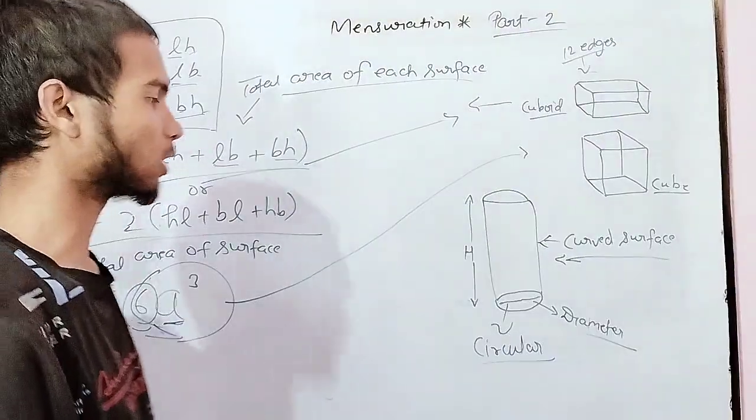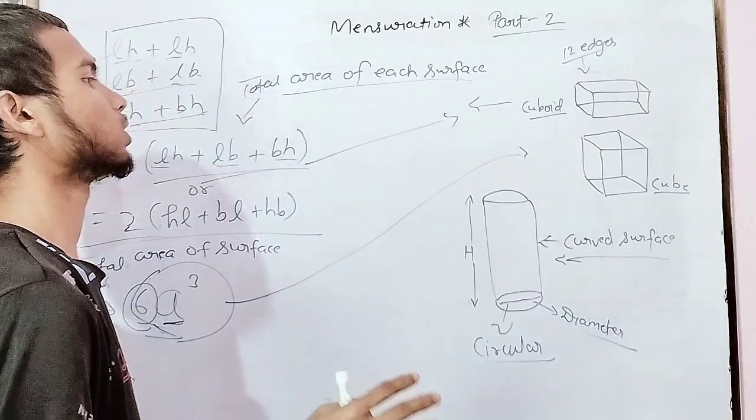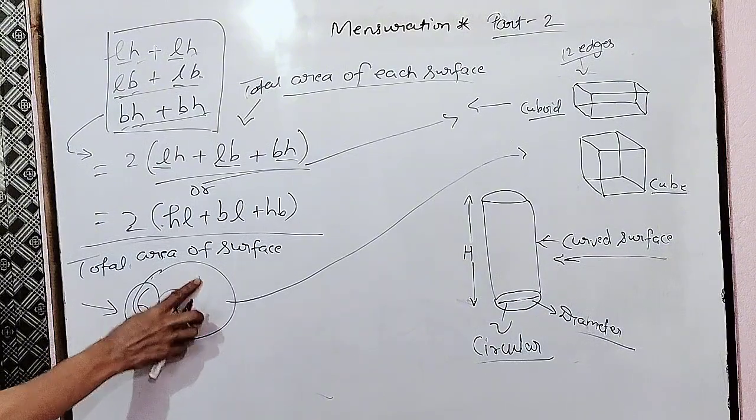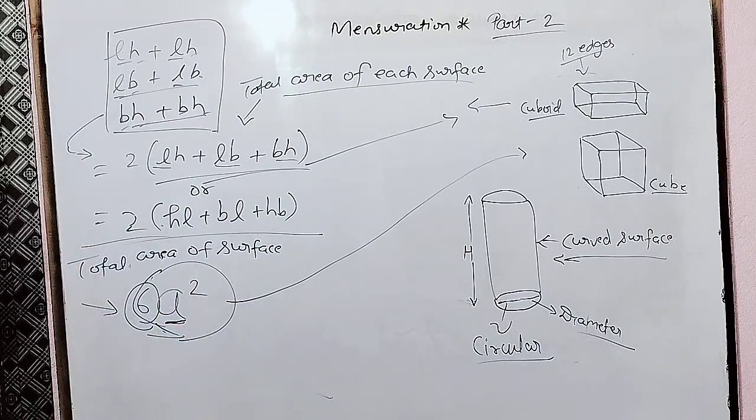In a cube all three are equal. So yes, we are not talking about the volume. We are talking about square area. For area, we apply a square.